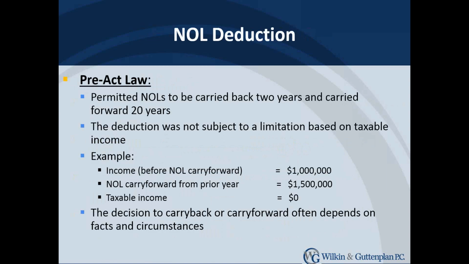What if in 2015 the taxpayer had a significant taxable gain, a long-term capital gain? So the carryback will recover taxes paid at a 20% capital gain rate. Instead, what if the future projections are ordinary income? Would we then forego the carryback and instead carry it forward and recover taxes at a higher rate? So these are always discussions to be had based on facts and circumstances.